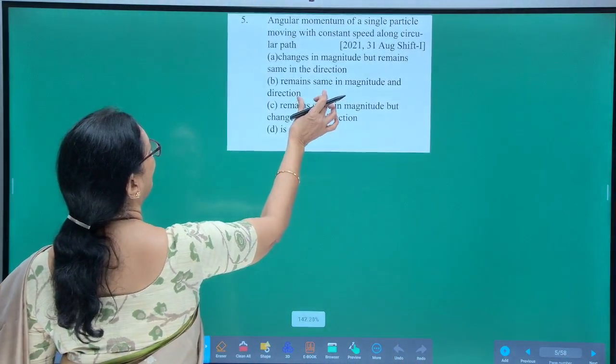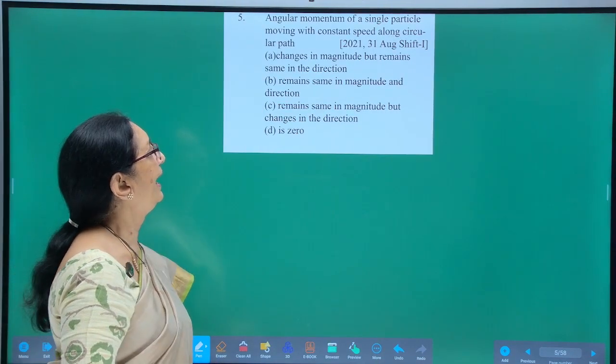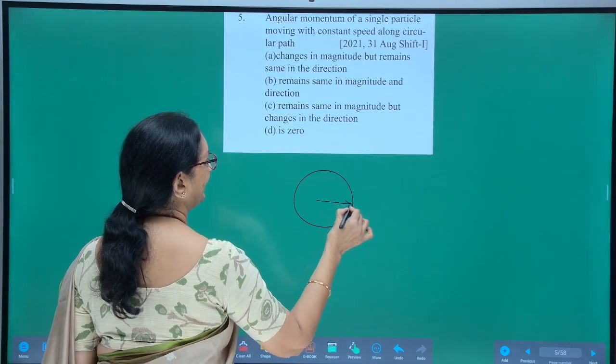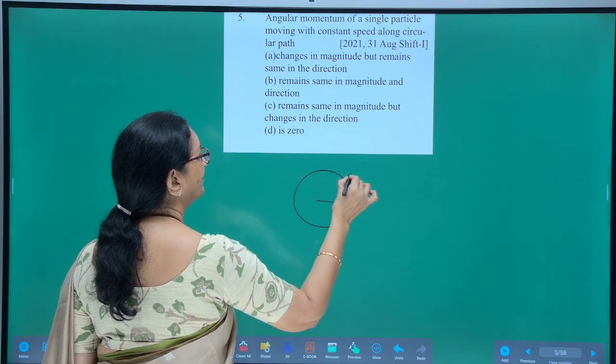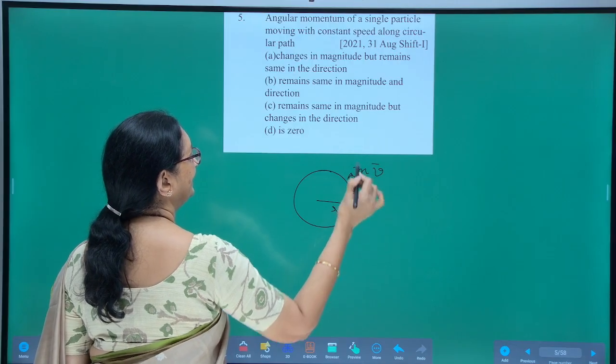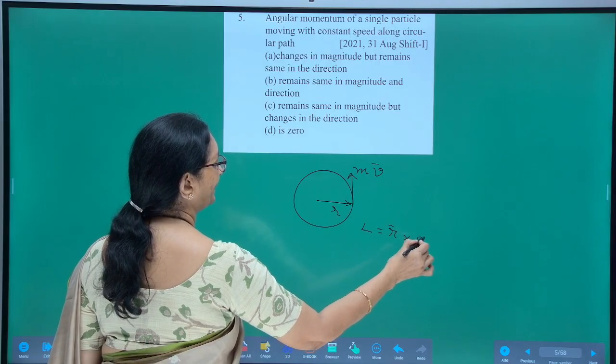Angular momentum of a single particle moving with constant speed along a circular path. See here, this is the radius vector. If it is moving with constant velocity, this is the linear momentum. Angular momentum is r bar cross p bar.